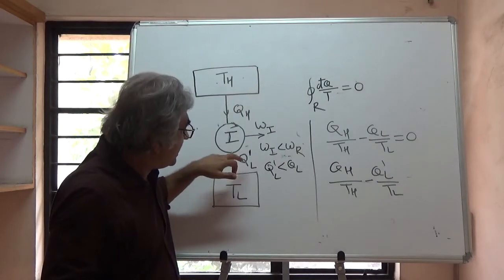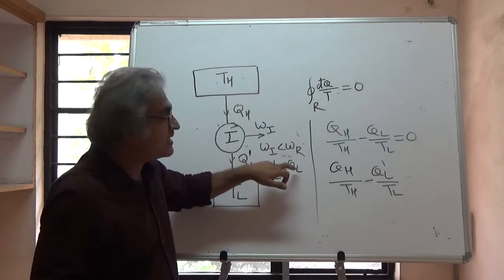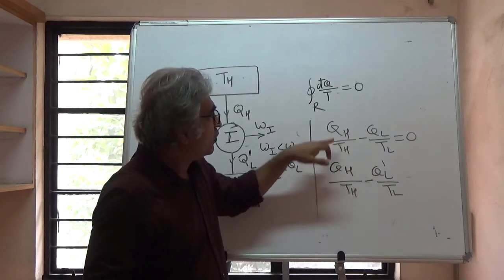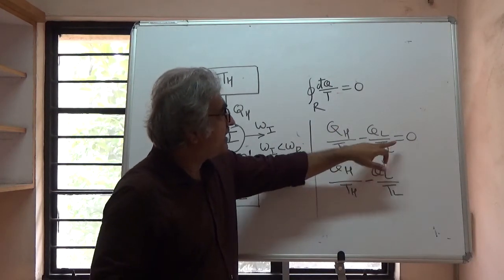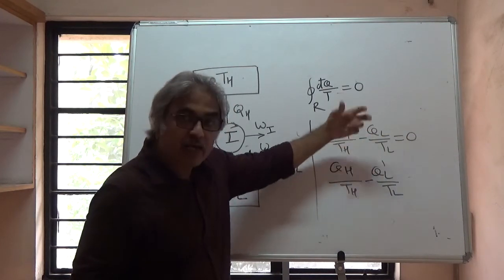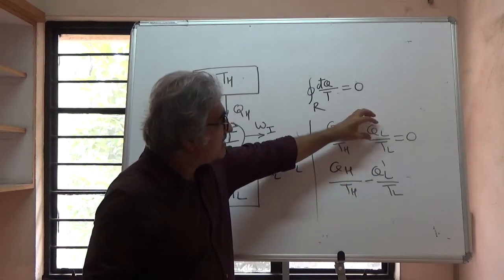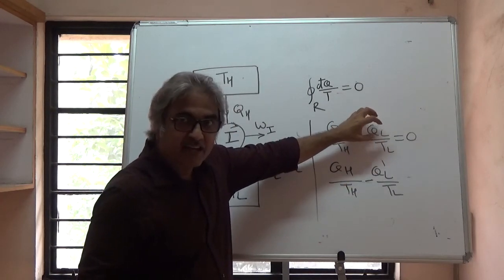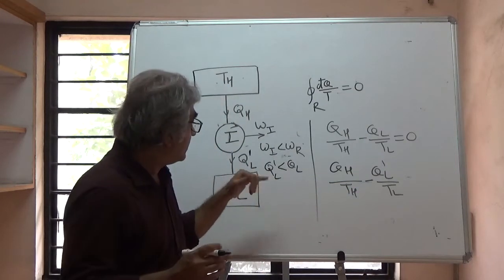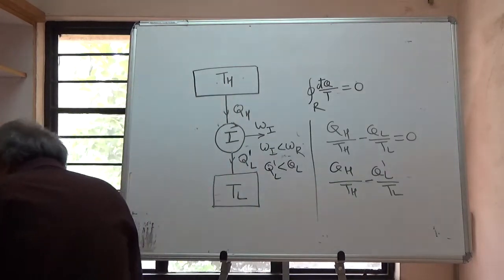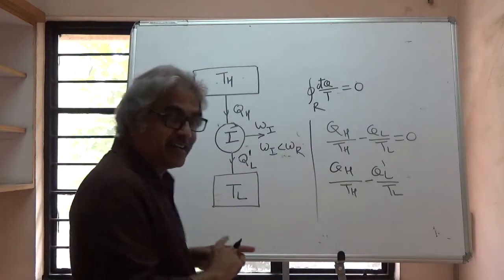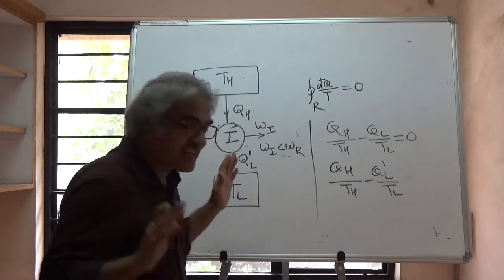Now see, QL dash is less than QL. Look at this. QH upon TH minus QL upon TL is equal to 0. If you are substituting QL by QL dash... I'm sorry, I need to correct this.